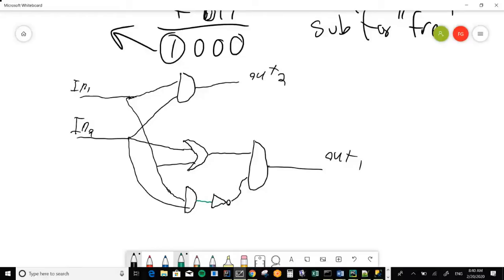To do that, we need an AND, an OR, and a NAND. So we first make our NAND here by making an AND, then a NOT, and then make an OR between the two, and then we AND them together, and that should give us an exclusive OR: 0, 1, 1, 0. Yeah. Good.